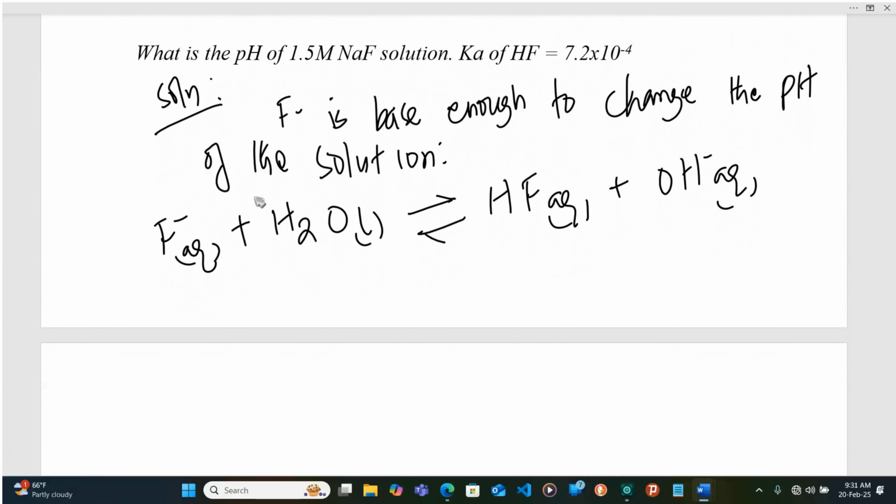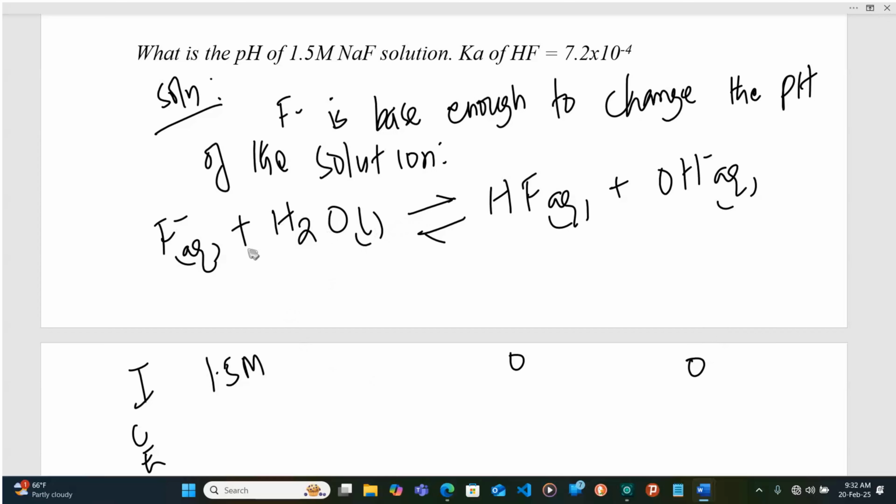So what does this mean? I need to write initially and at equilibrium. So initially, what is the solution molarity for sodium fluoride? So we have 1.5 moles. And for hydrofluoric acid, because initially the reaction hasn't taken place, this is going to be 0.